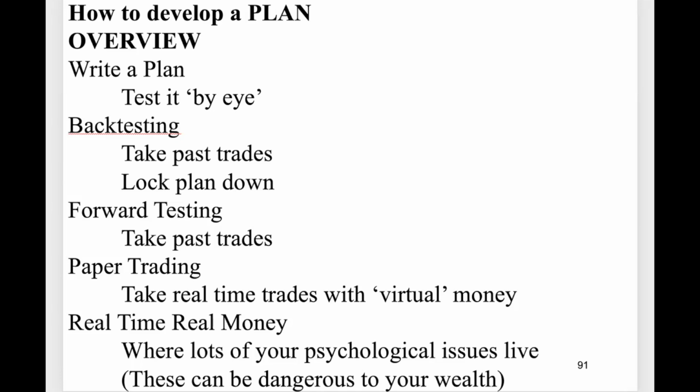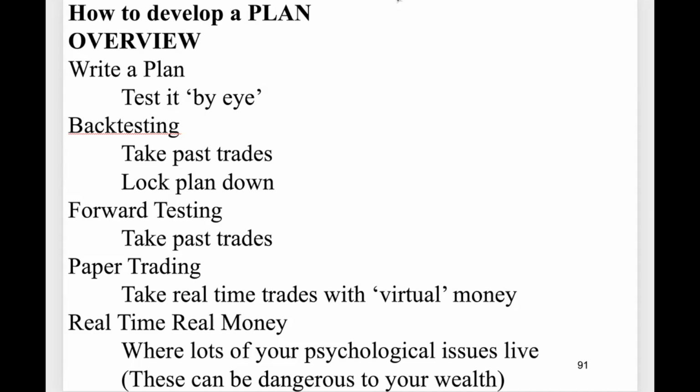Then your forward testing period follows that. That's forward testing 1, then forward testing 2, then forward testing 3. I advocate that you need at least 3 forward testing periods. Now, if you get a tick against the forward testing, then you move on to paper trading. In other words, you've locked the plan down.